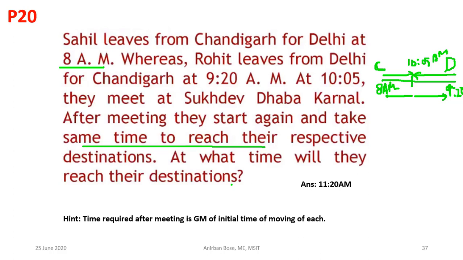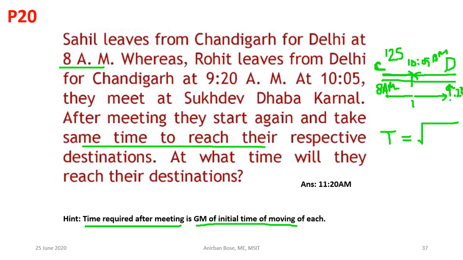So the time required after meeting will be the geometric mean of the initial time. What is the time taken for the first meet of who is coming from Chandigarh? That is Sahil. That is 8 a.m. to 10:05, which is 2 hours 5 minutes, meaning 125 minutes.